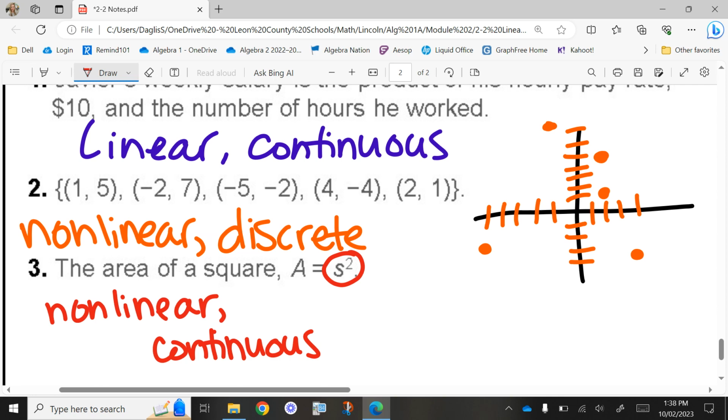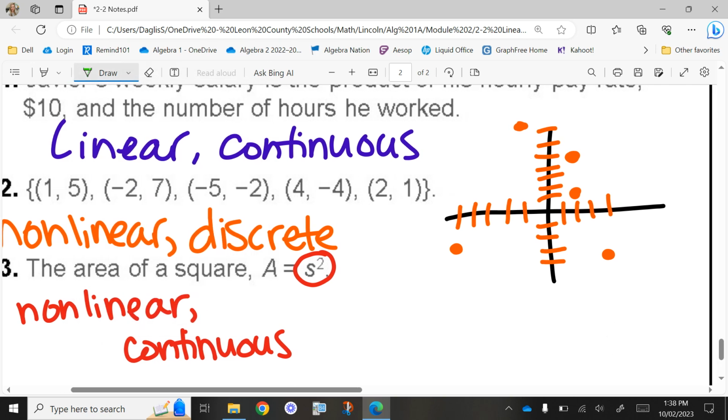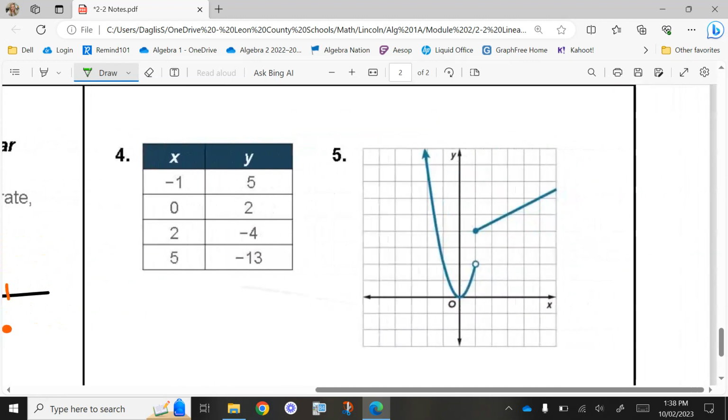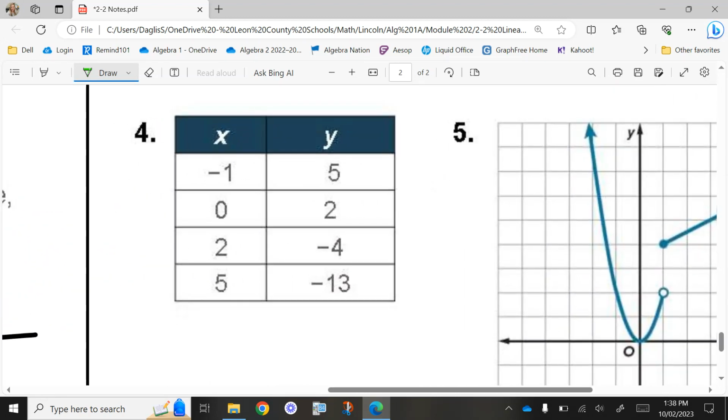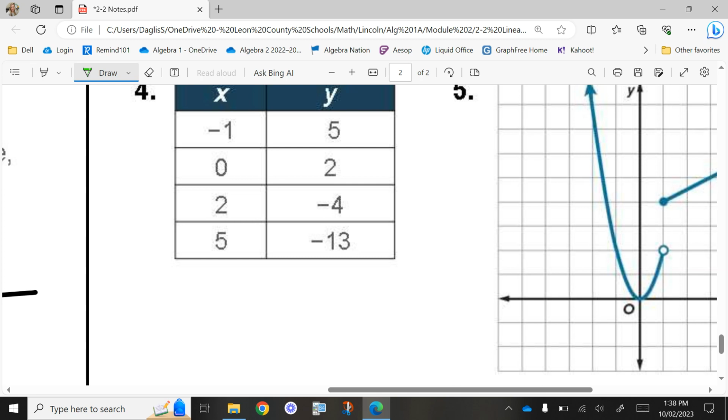All right. We're good? Okay. Number 4. We have a table now. What do we think? Nonlinear? How did you prove it? Well, you got to prove it, though. You can't just guess. Remember, we got to do the change of y over the change of x.